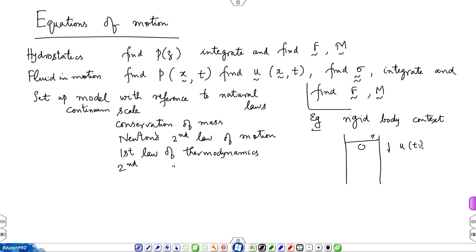And I am just calling the velocity component u. So, initially the weight of that particle will make it go down, it will accelerate in the downward direction.